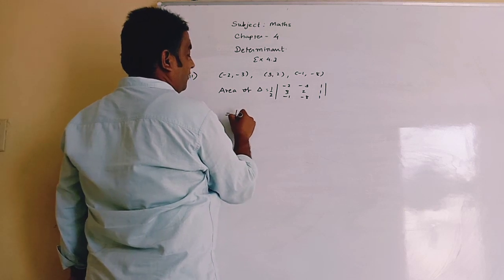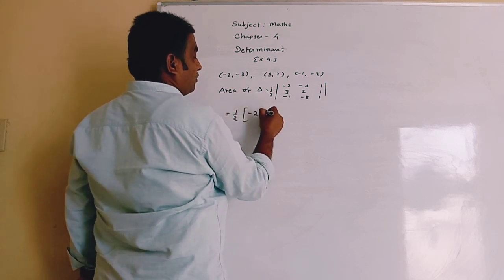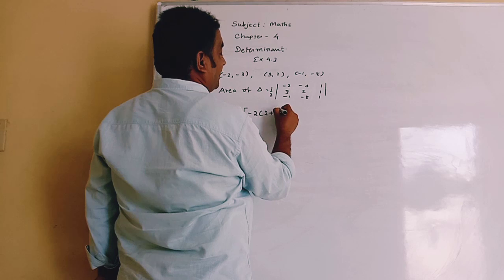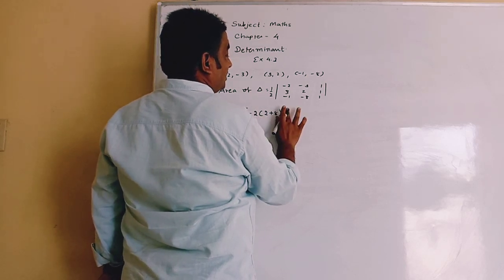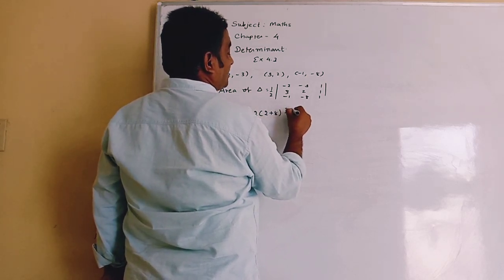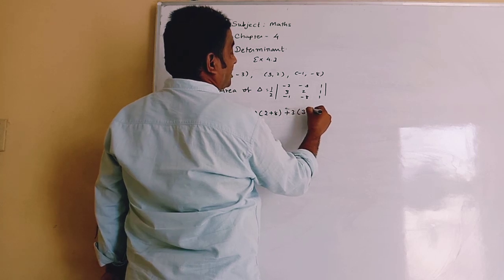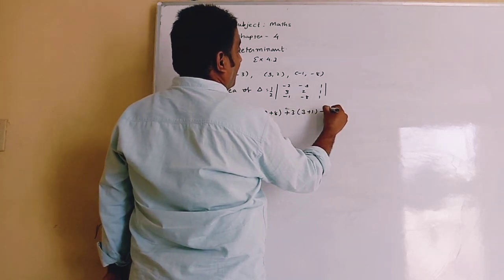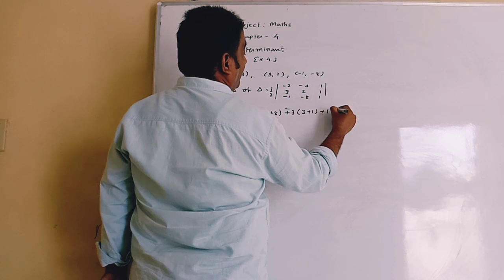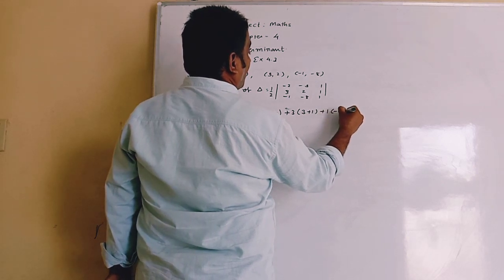We simplify: 1 by 2 [minus 2 (2 plus 8) plus 3 (3 plus 1) plus 1 (minus 24 plus 2)].